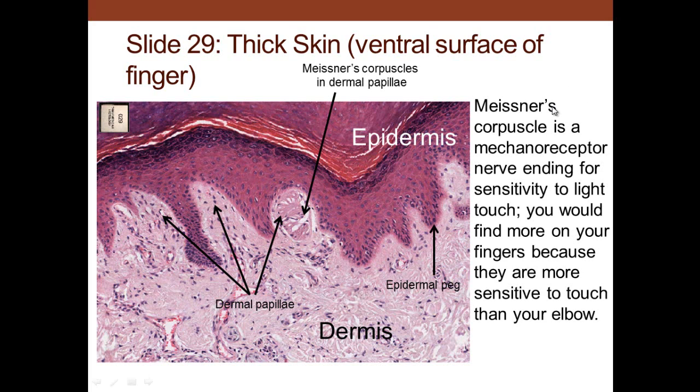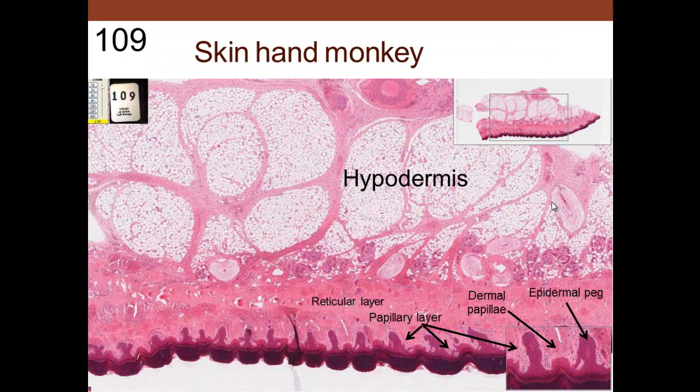The Meissner's corpuscle is a mechanoreceptor nerve ending sensitive to light touch. If you tickle yourself, that would be the one that you would feel. You would have more of these in your fingertips than in the rest of the body.